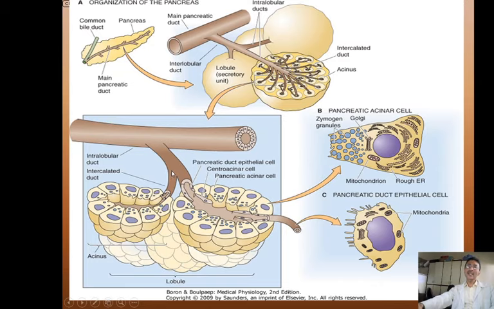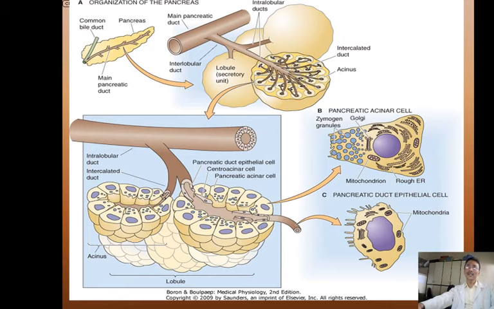As we see the histology of the ducts, whether it is the interlobular duct, the intralobular duct, or the acinar ducts, we will find that the epithelial cells of these are responsible only for secretion of the bicarbonate and chloride ions.